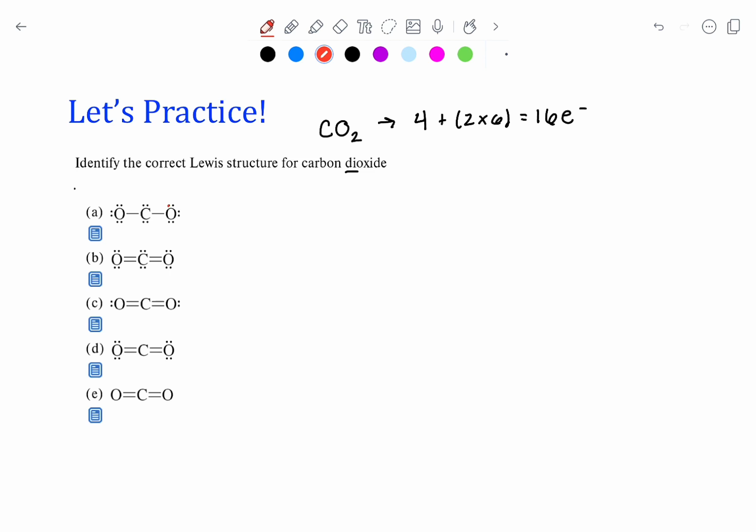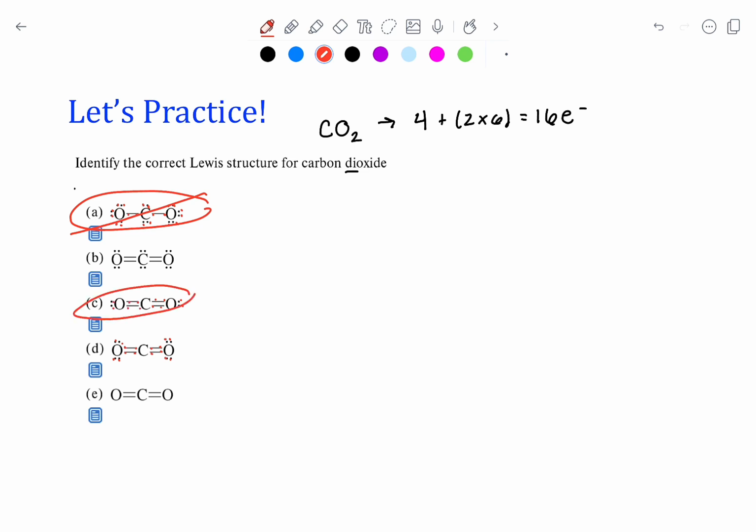Let's see, this one has 20 electrons. This one has too many electrons. This one has 16. That one's valid. This one has 12.